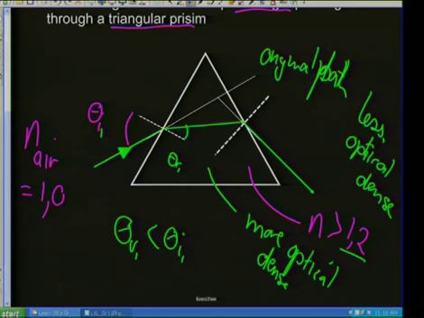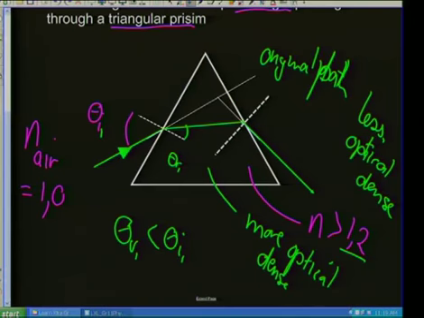And here's the new path. What's interesting is that on a triangular prism or any shape, when the sides are not parallel, we can get light to change its direction. We call the angle between the original path and the emergent ray the angle of deviation. And so you need to take note of that. That angle is known as the angle of deviation.